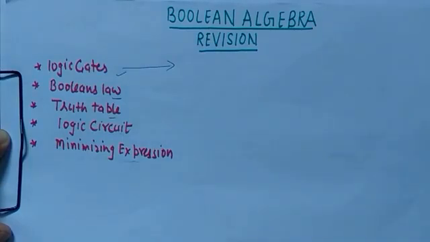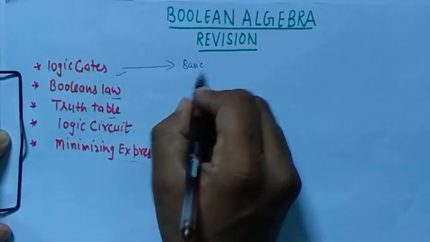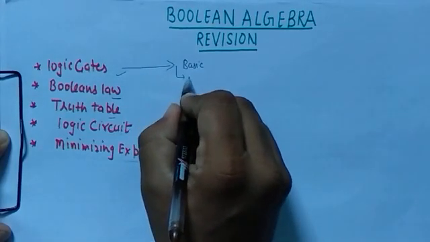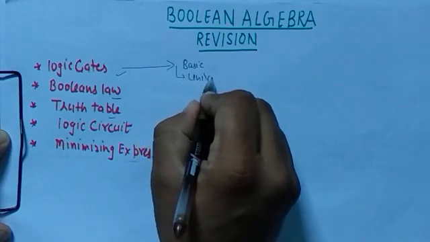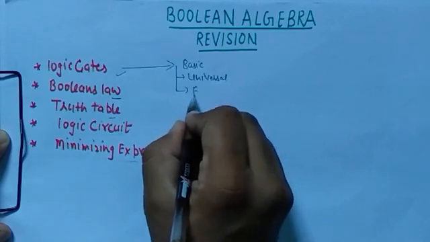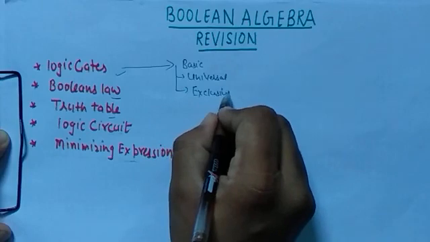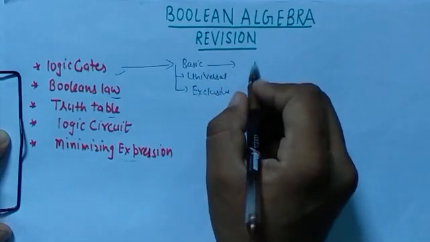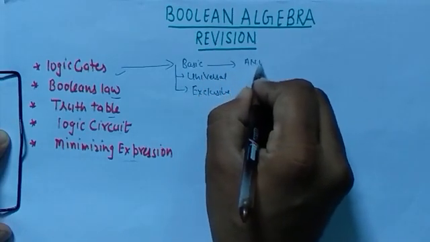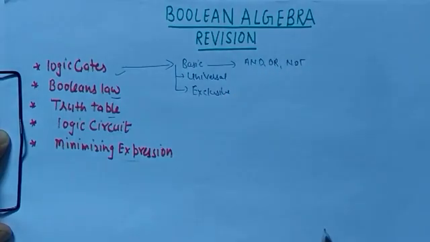We know that we have basically 3 types of logic gates. One is basic logic gates, second is universal, and third is exclusive. In basic logic gates there are 3 gates: AND, OR, and NOT.